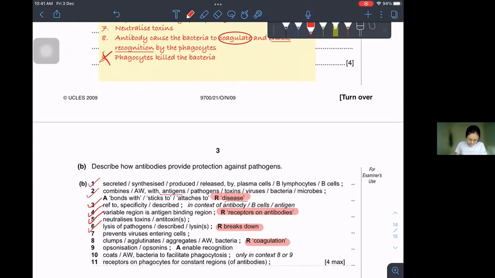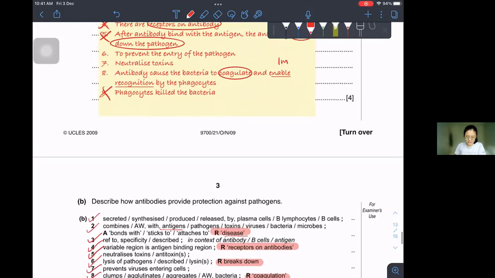For number 7, you can say prevent viruses from entering the cells. And for number 8, you can state that the bacteria is agglutinated or clumped together, but you cannot say it's coagulate.